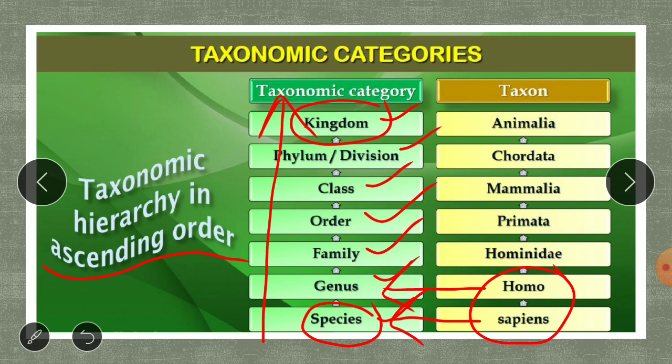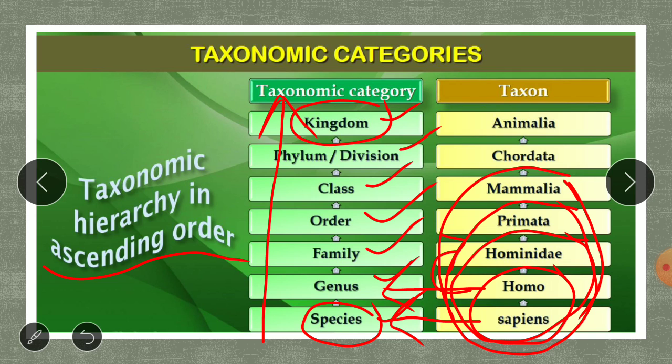Homo sapiens belong to a family known as Hominidae. This Hominidae and many other families together belong to an order called Primata. Many of the Primata together belong to the class Mammalia.